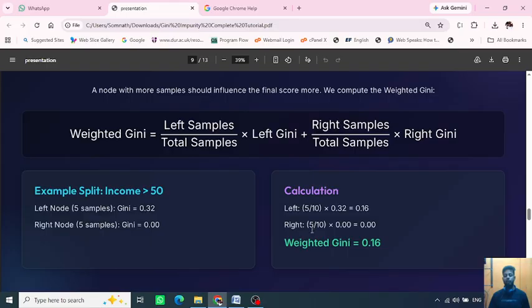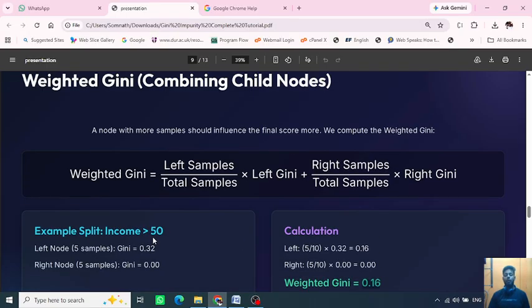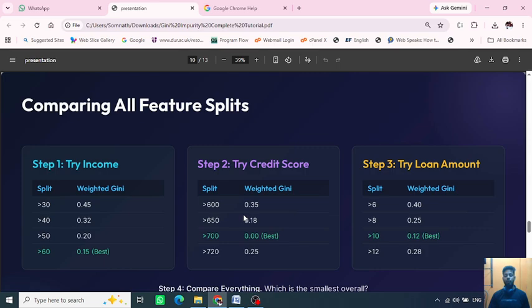For the right, the same calculation gives 0.00, and if we sum up the left and right we get 0.16 weighted Gini. So for income greater than 50, the weighted Gini is 0.16. In the same way we calculate for all other values and choose the best one.